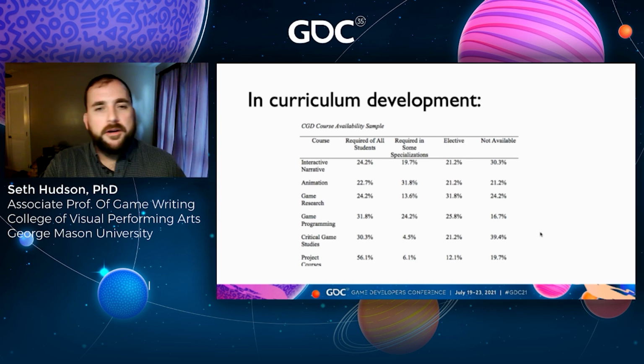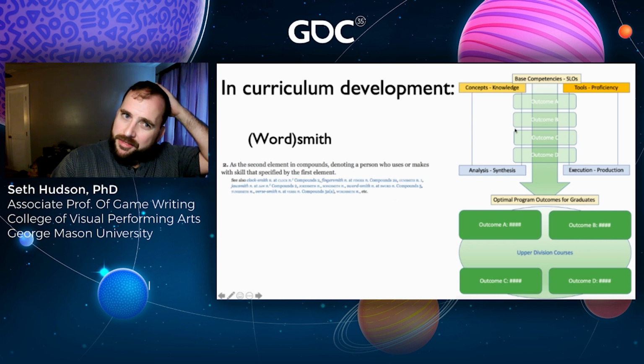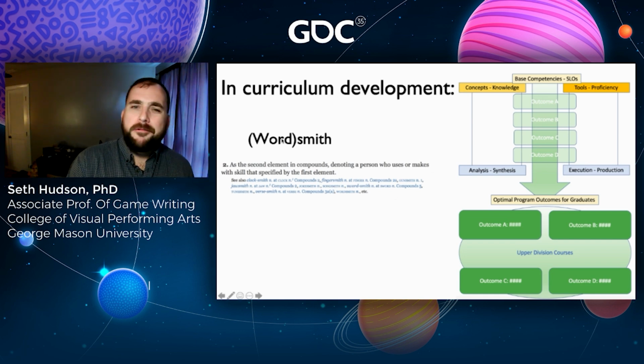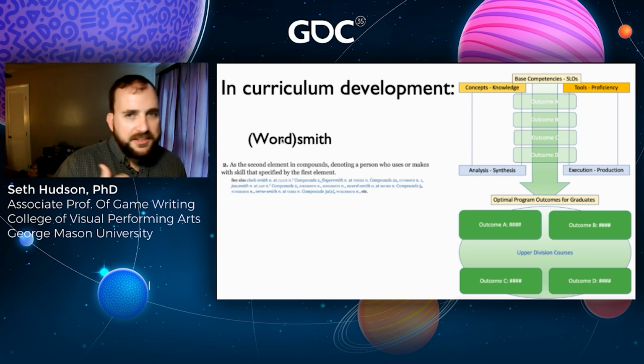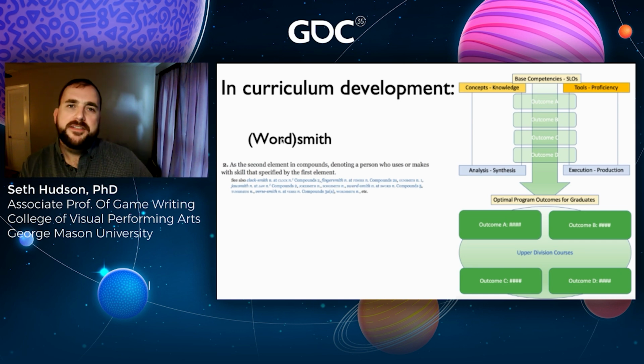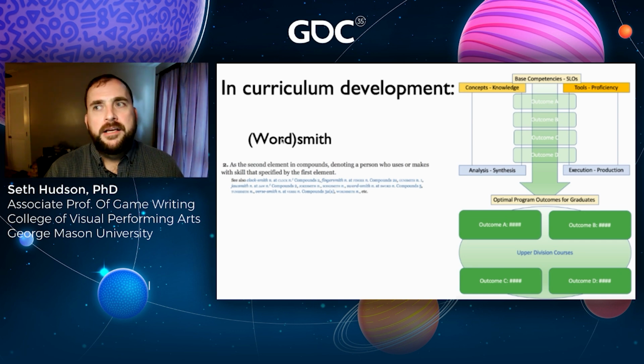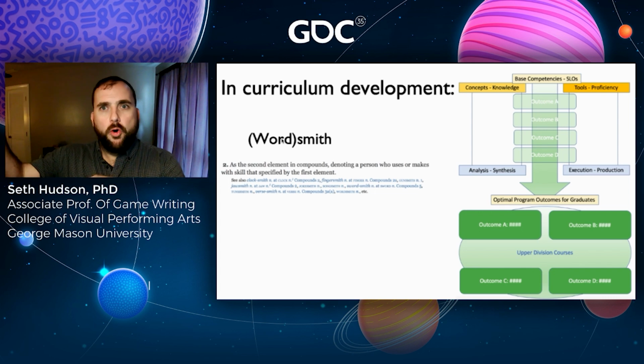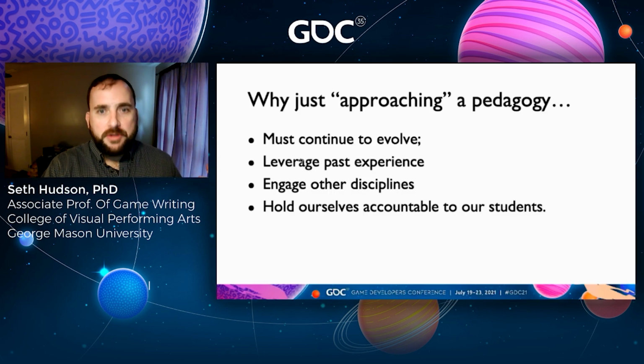But if we take that smith thing and we take out word, I start to feel like this framework can apply to lots of different things. If we can consider our courses and our curricula, this idea of these different roles that can rotate, and we're doing our individual little skills, our smithing to different degrees, that can really help us.